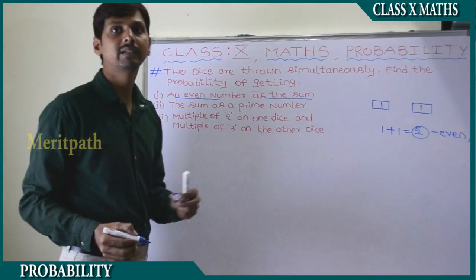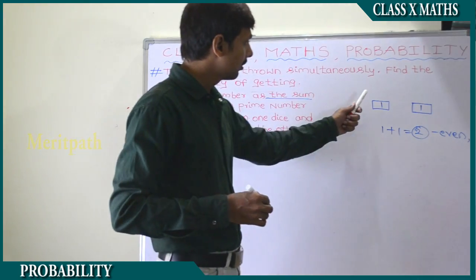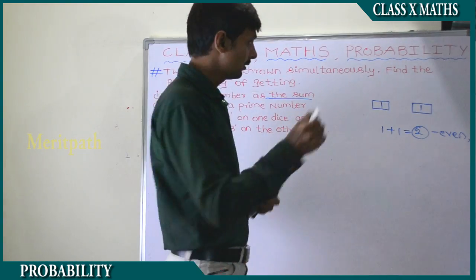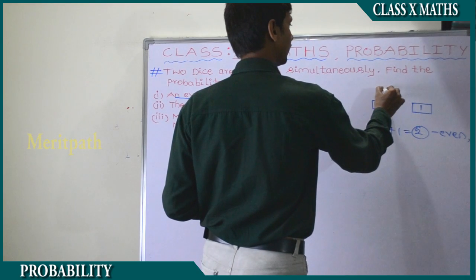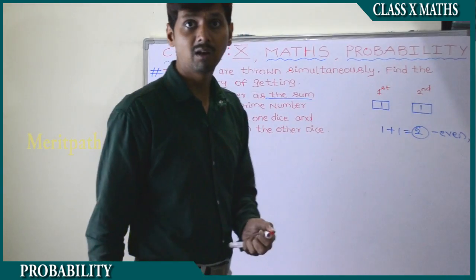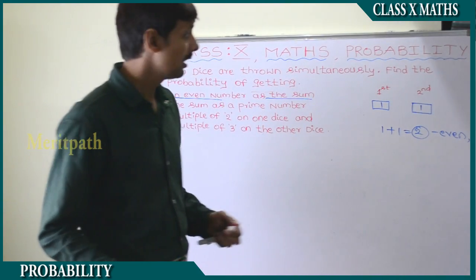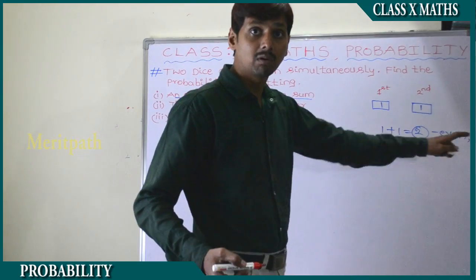So what we understood here is, when we throw two dice and add the two numbers, we get an even number.